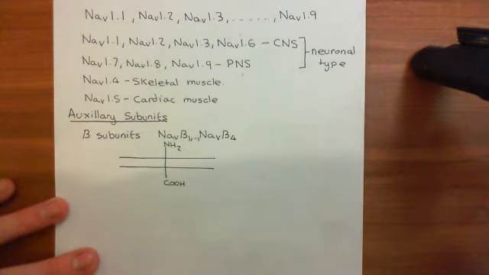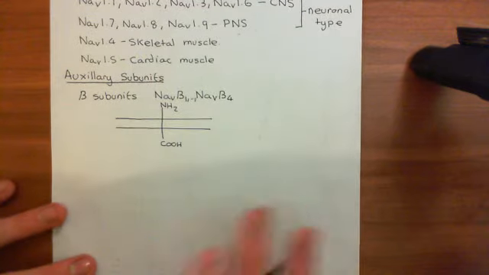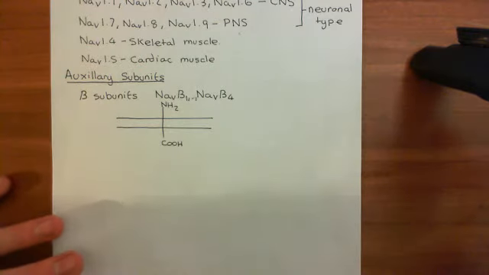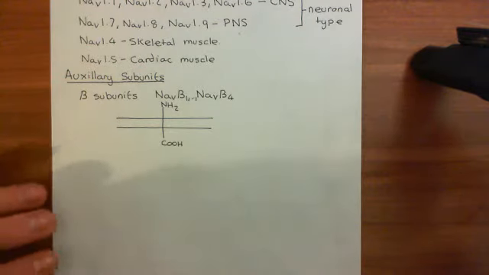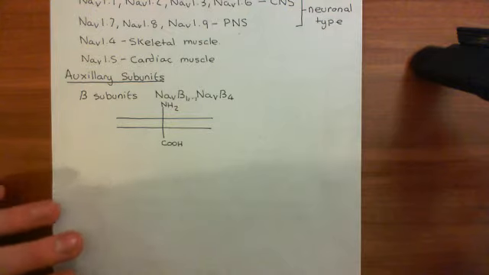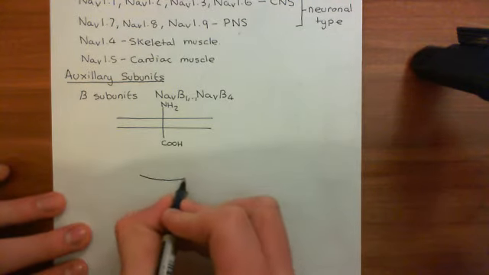Now, basically, alpha subunits can either have no beta subunits attached to them, or they can have 1, or they can have a maximum of 2. So I now want to explain to you the rules by which you can attach beta subunits onto alpha subunits. Let's draw our alpha subunit here.